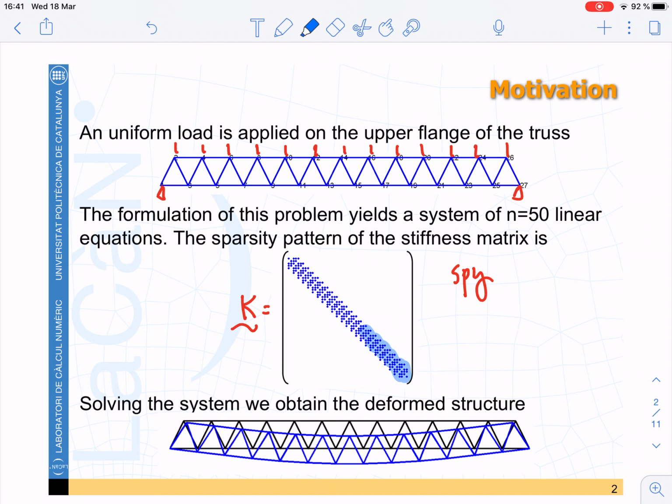We can see that only a few non-zero entries concentrate along the main diagonal. The matrix is very sparse, the reason being that each node is connected only to itself and to its neighboring nodes, but not to the rest of the nodes in this structure.